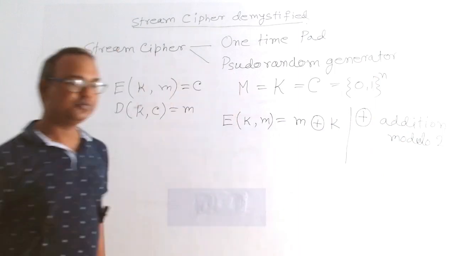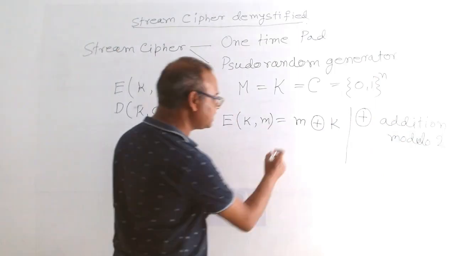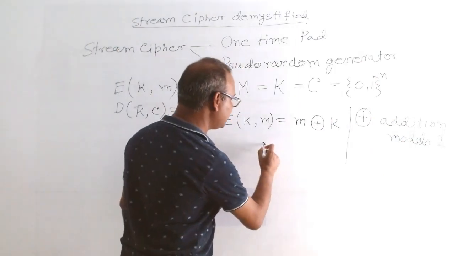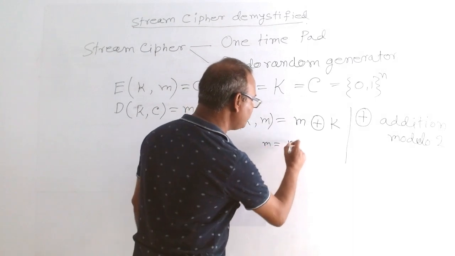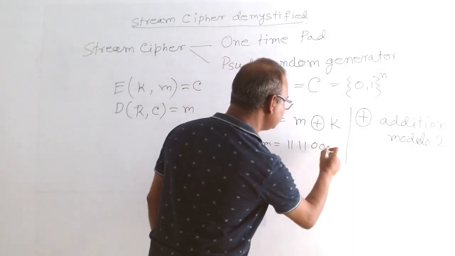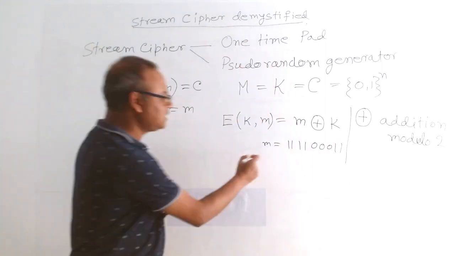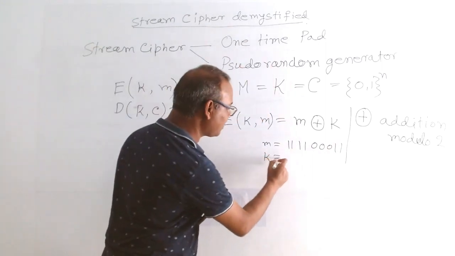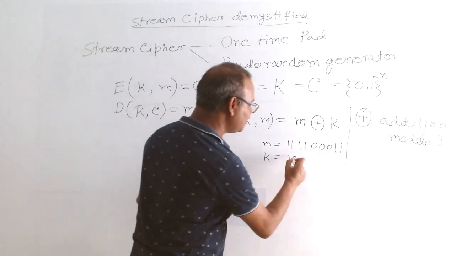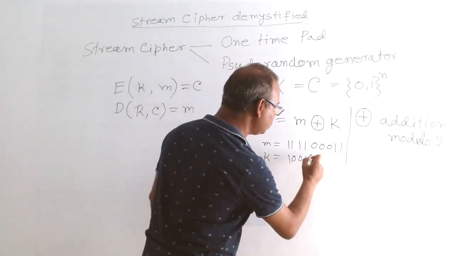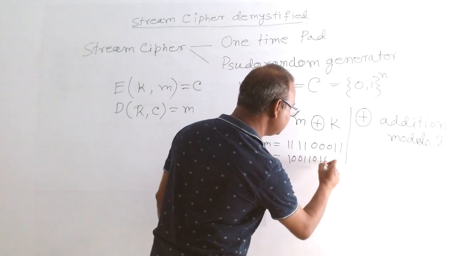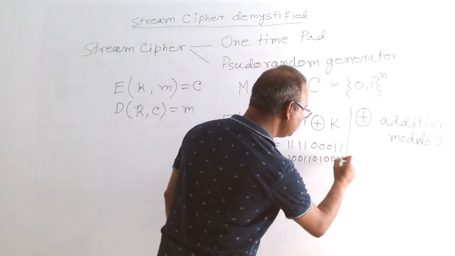Addition modulo 2. So if we take an example, let's say m equals 1 1 1 1 0 0 1 1, and we have a random k, let's say 1 0 0 1 1 0 1 0 0 0.